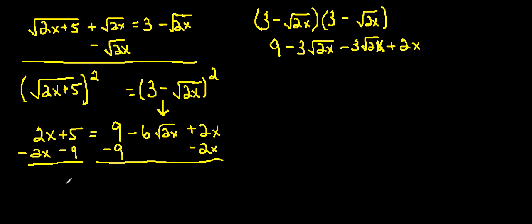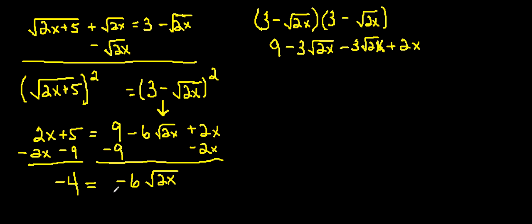And I end up with, let's see, the left side is negative 4, and that's going to equal negative 6 times the square root of 2x, and plus 2x minus 2x is gone.